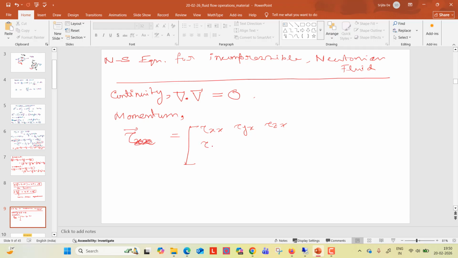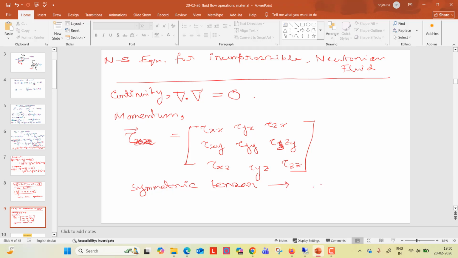Tau xy, tau yy, tau zy, tau xz, tau yz, tau zz, right? How are we going to handle these? So there are two things. If we consider it as a symmetric tensor, generally as a symmetric tensor.